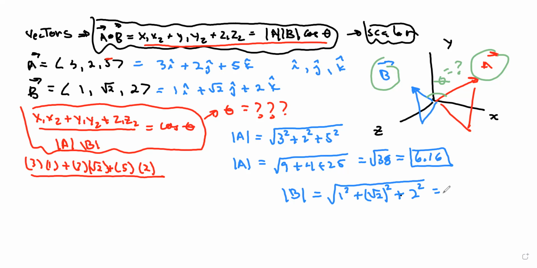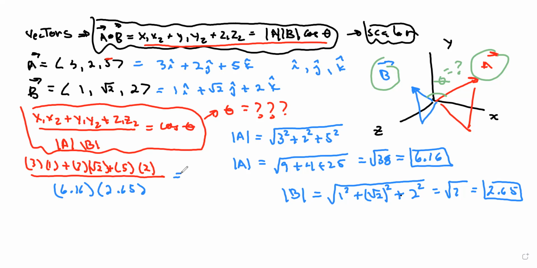That's going to throw you the square root of 7, which is 2.65. There you go. Okay, so now we can plug in our values: 6.16 right here, and the other one is going to be 2.65.